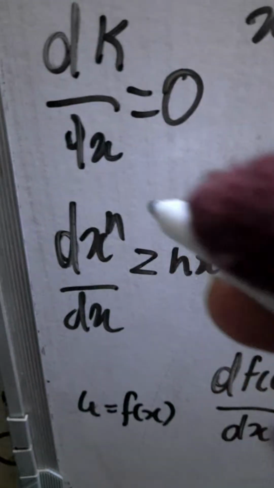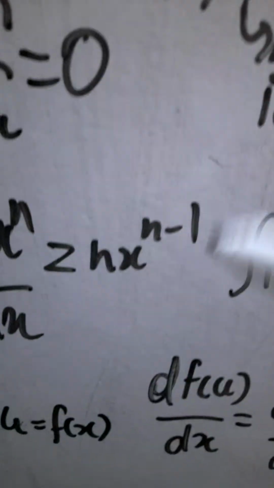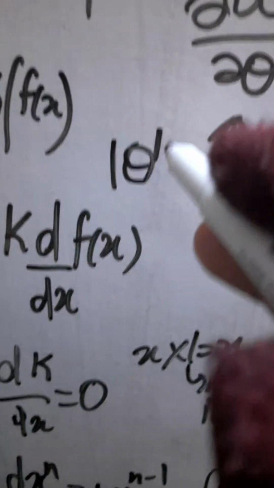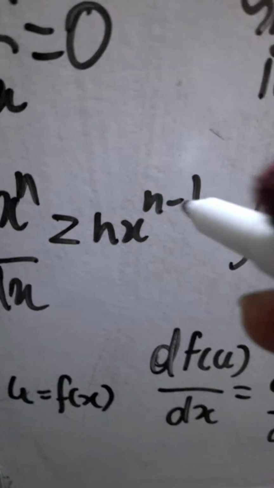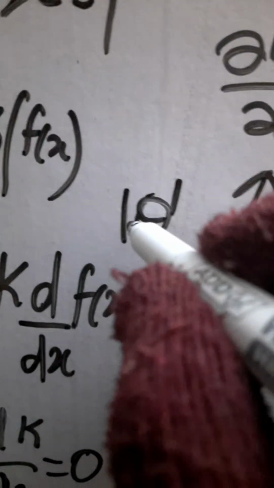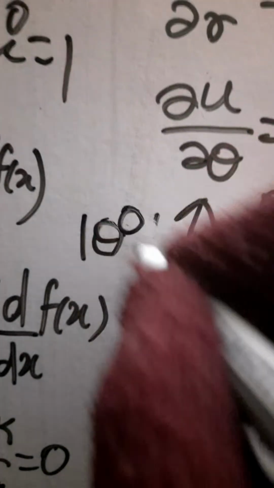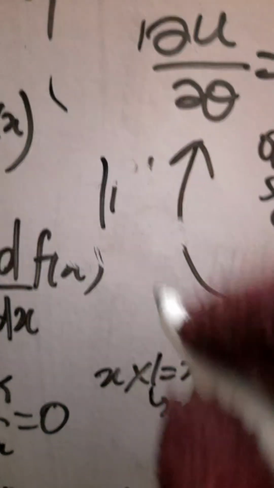So n comes in as the coefficient and reduces itself by 1. So we put 1 as the coefficient and reduce by 1. So 1 minus 1 is 0. Anything raised to 0 is 1. So 1 into 1 is 1.